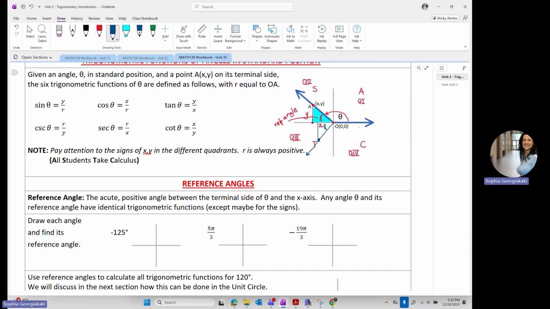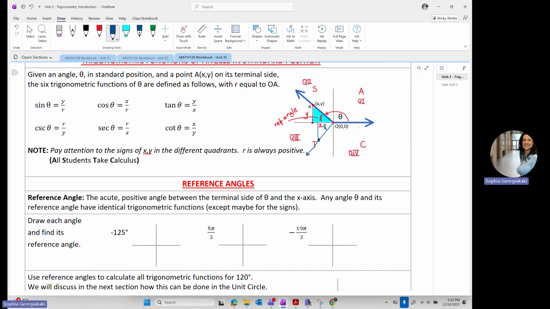Acute angles are in quadrant 1. In quadrant 1, all the trigonometric functions are positive. The triangle that I sketch attached to the x-axis resembles that of the reference angle in quadrant 1.